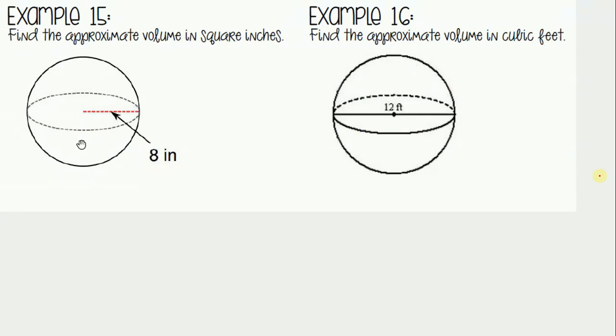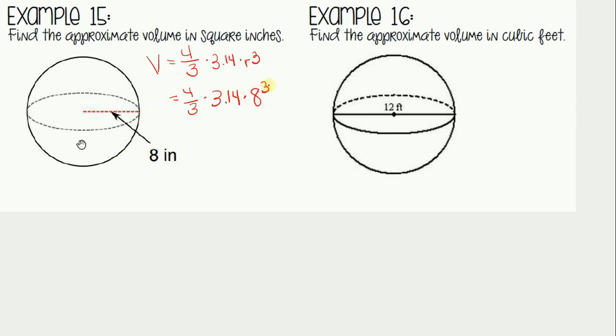Let's find the approximate volume now. So volume, remember guys, that was with the 4/3 business. So 4/3 times 3.14 times my radius cubed. So I got 4/3 times 3.14 times my radius, which is 8 cubed.